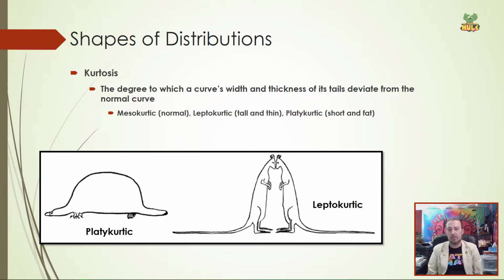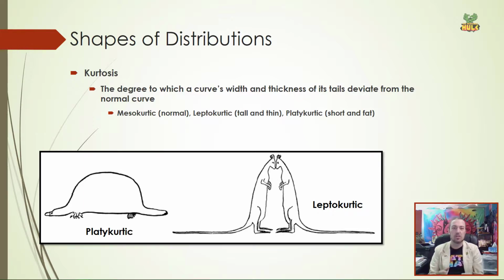We can also have shapes of distributions that are still symmetrical, but are not normal. So if we talk about it in terms of what we refer to as kurtosis, kurtosis is, as it says, the degree to which the width and thickness of the tails deviate from the normal curve. So the normal, in terms of kurtosis terminology, would be mesokurtic, right?